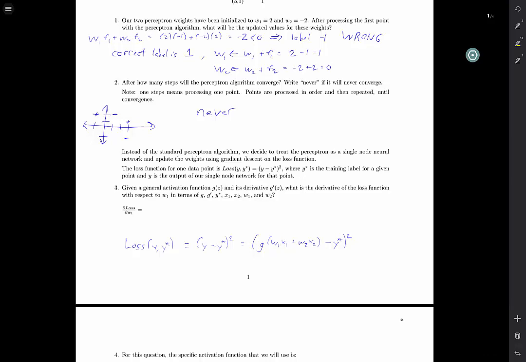It is going to be 2 times g of w1 x1 plus w2 x2 minus y star, times the derivative, we're applying the chain rule, of g prime of the same arguments, times the derivative of the arguments with respect to w1, which is going to be x1.